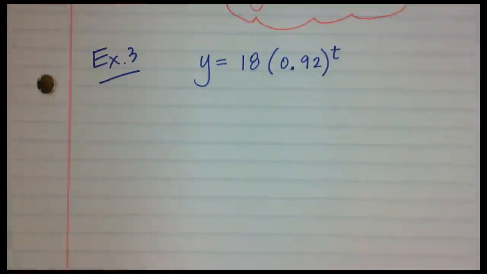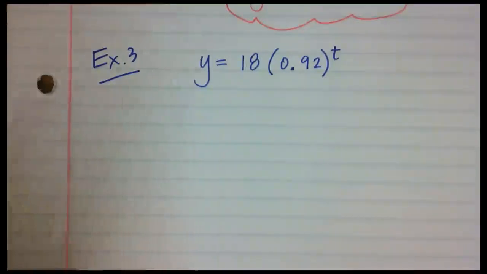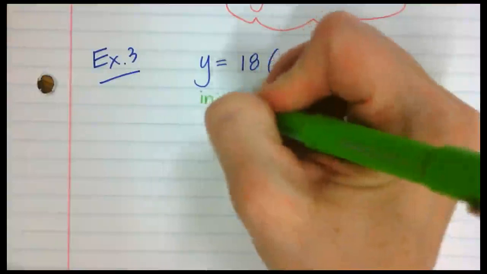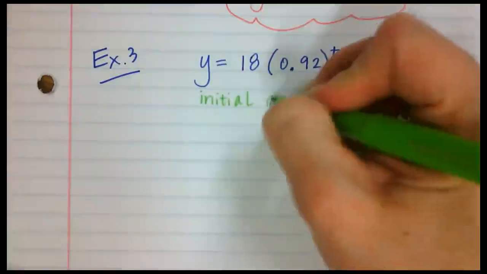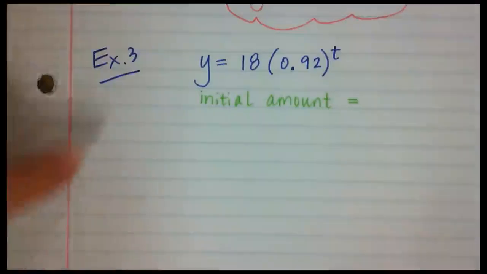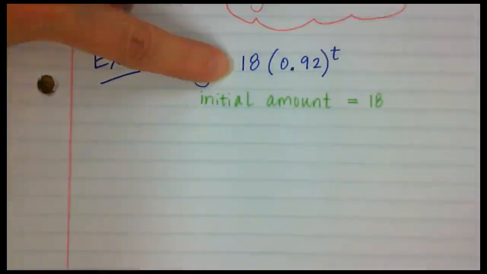All right, so if we had this equation, I have no idea what this might represent, and I asked you a few items. One of the things that I might ask is, what is the starting or the initial amount? So the initial amount is that value of p, which in this equation is 18.